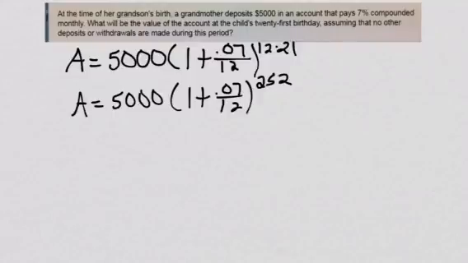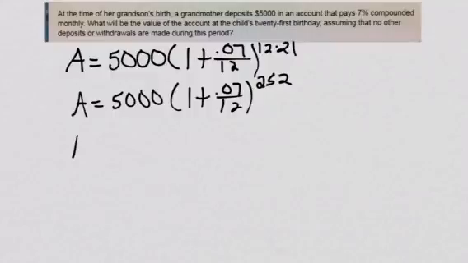Now what I'm going to do is put this in my calculator exactly how it appears here. I'm going to first do the 1 plus 0.07 divided by 12, and I'm going to take that value and immediately raise it to 252 and get that answer, and then I'm going to turn around and multiply that by 5,000. So kind of working backwards here.